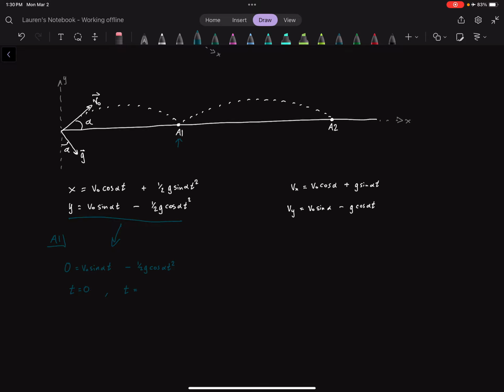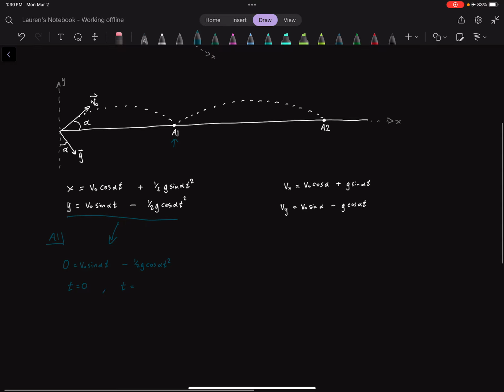So the shorthand is just pulling a t out and then solving what's left inside the parentheses. So we have v naught sine alpha over, and that would have a 2 up there, g cosine alpha. More simply, 2 v naught over g times tangent of alpha. All right, so that's our t.